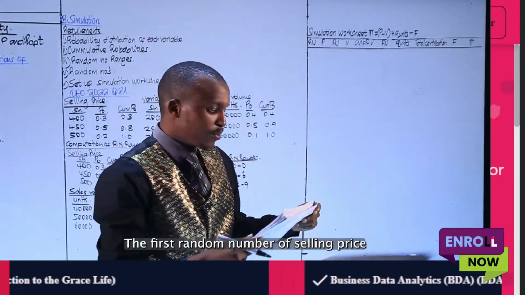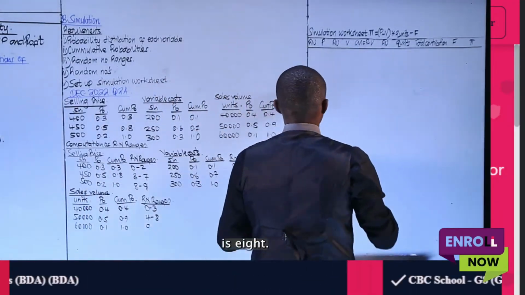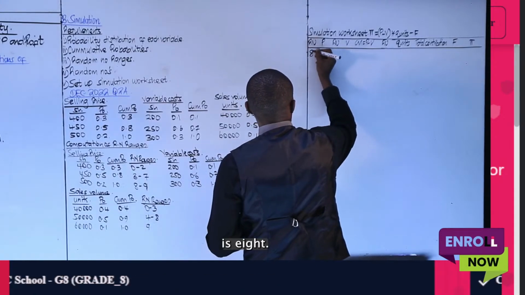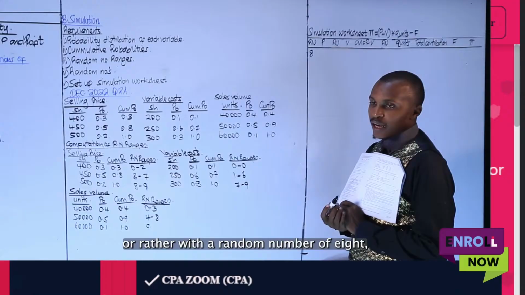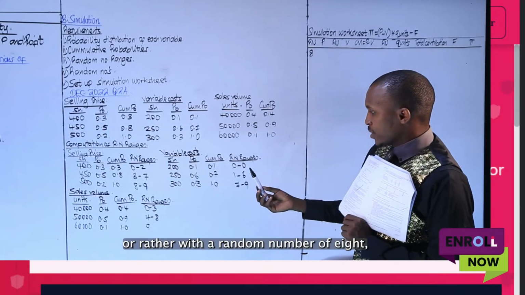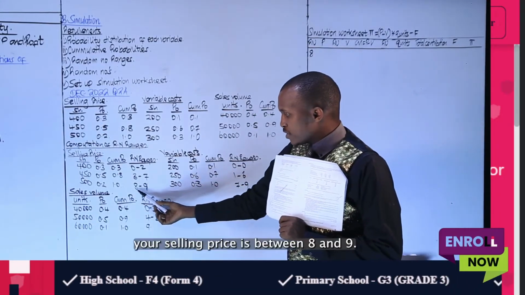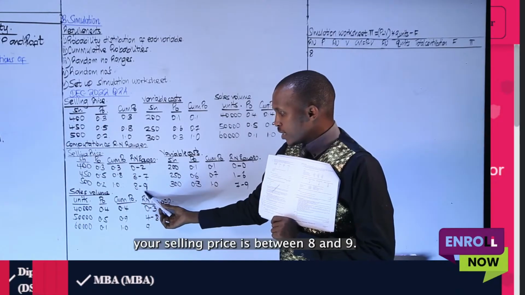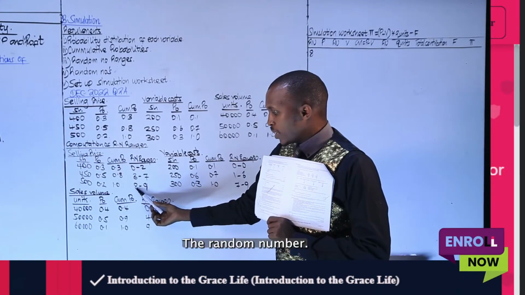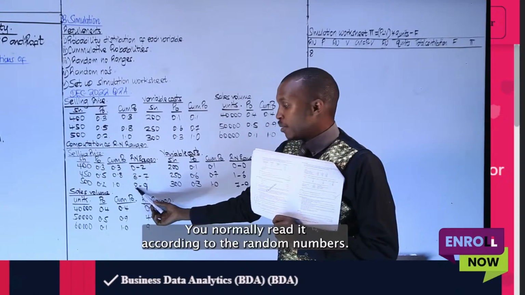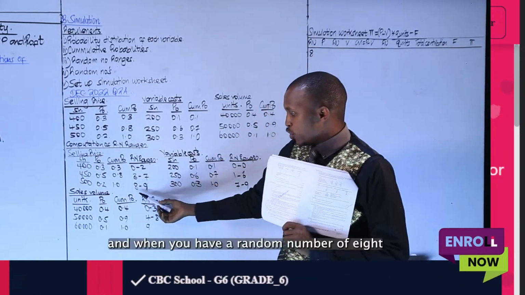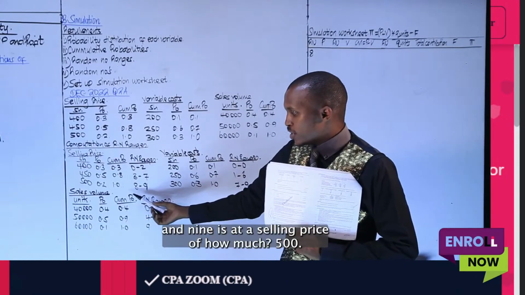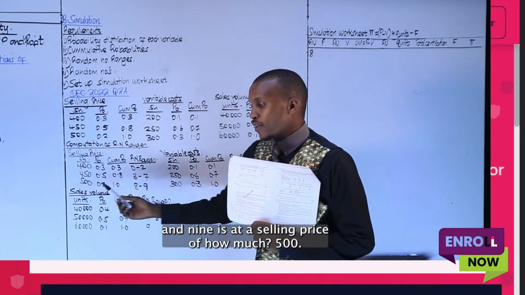The first random number of selling price is 8. With a random number of 8, your selling price is between 8 and 9. You read the random number according to the ranges, so where you have 8 and 9 the selling price is 500.